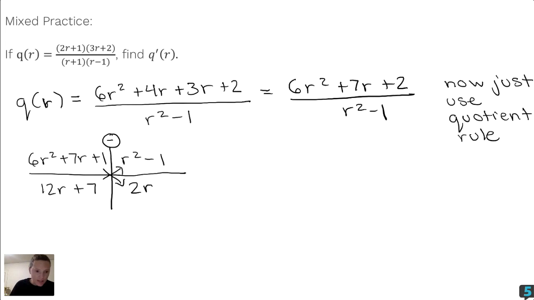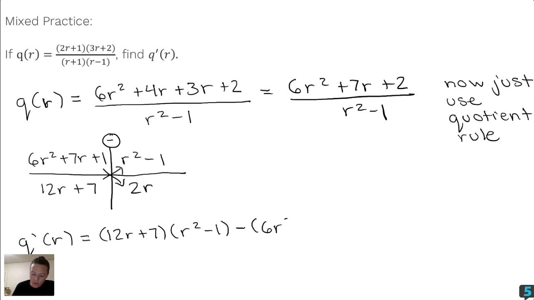And I'm going to go down to the next line just to make sure I've got enough room. So we're looking at Q prime of R equals the quantity 12R plus 7 times the quantity R squared minus 1 minus that quantity 6R squared plus 7R plus 1 times 2R.